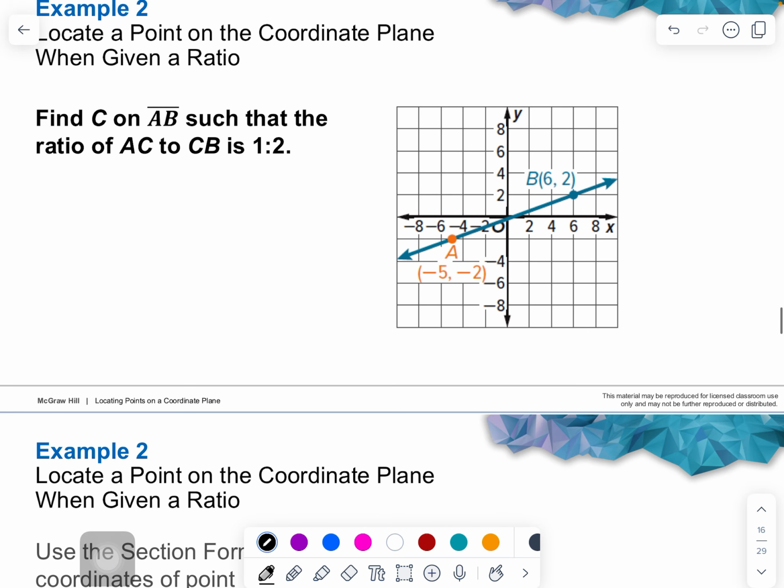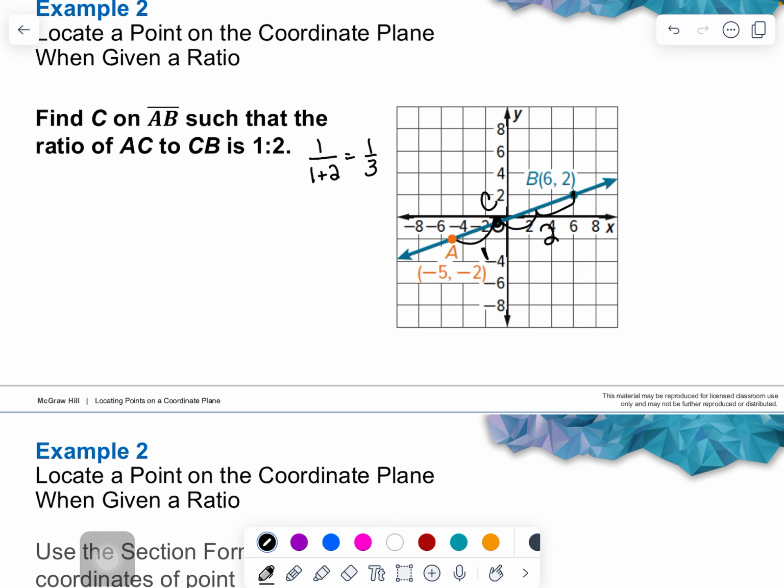Because if you want from A to C, C to B, 1:2, what they're saying is that there's somewhere in here a point C that, when you put it in there, is going to be 1 part over here and 2 parts over here. Well, that means the fractional distance of A is going to be 1/3. It's going to be 1 over 1 plus 2, if that makes sense. 1/3.